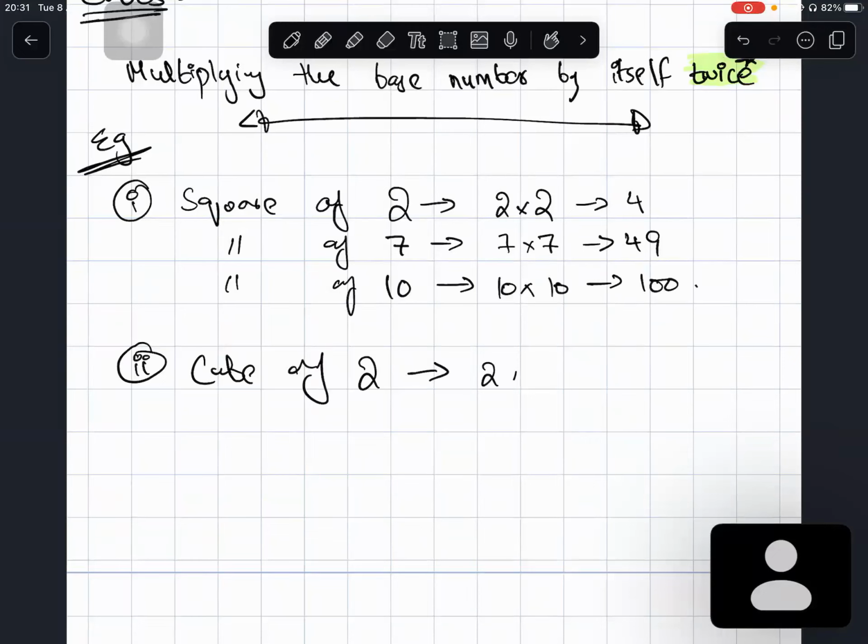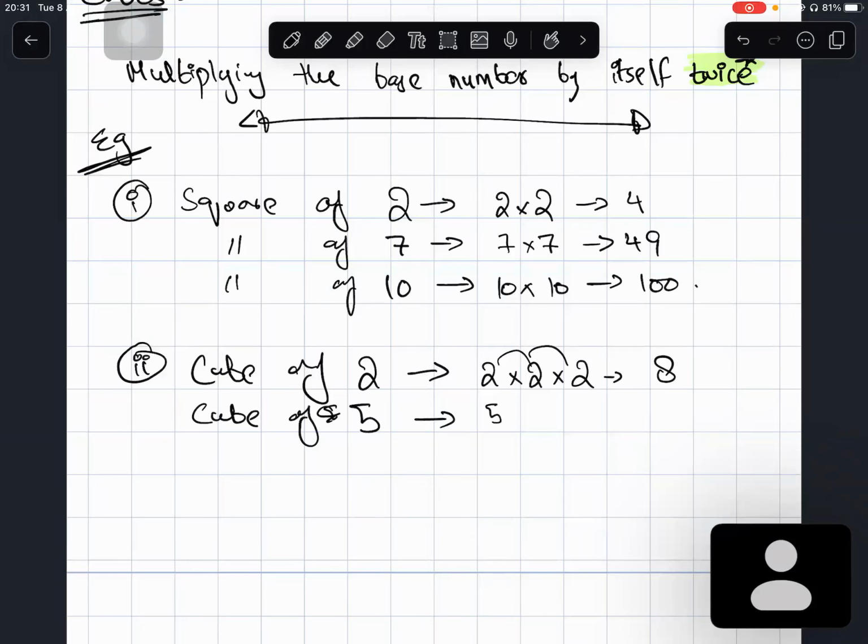Perfect. 2 times 2 times 2. It's better to write this in your initial phase. Once you get through half the course, then you'll be able to do this in your head. But it's better to write this so that you train your brain, how you picturize all of this in your brain when you do that later on. So 2 times 2 times 2, that would be 8. How about the cube of 5?